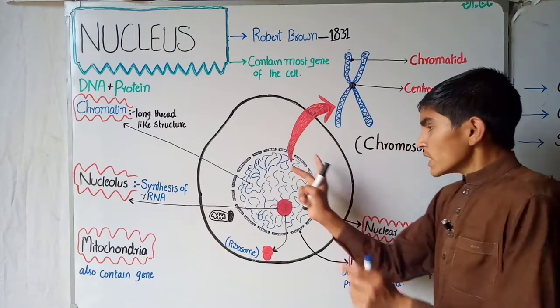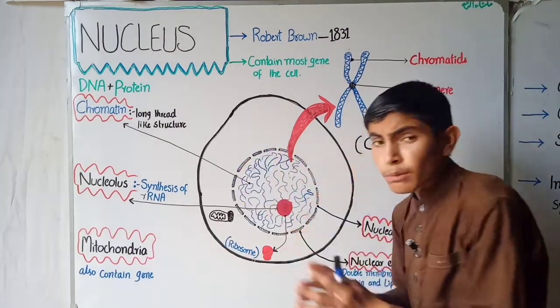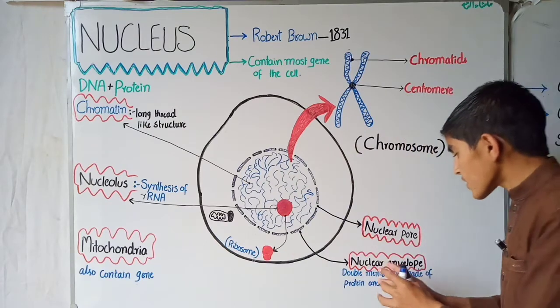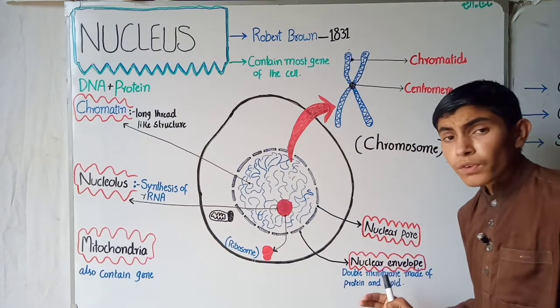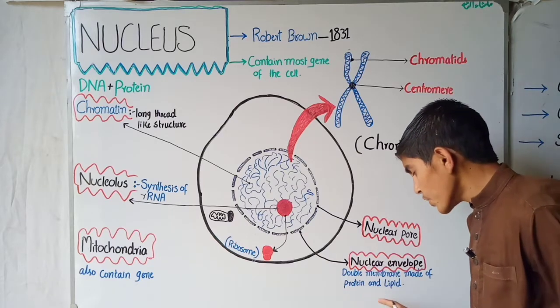Now, the nucleus is wrapped by a double membrane, and that is called the nuclear envelope. The nuclear envelope consists of protein and lipid.